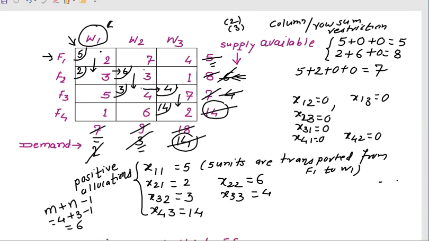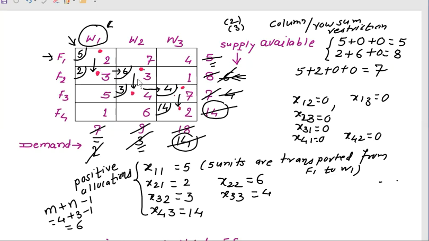Now what we will do is try to join these positive allocations. These are the cells: x11 is 5, x21 is 2, x22 is 6, x32 is 3, then x33 is 4 and x43 is 14.